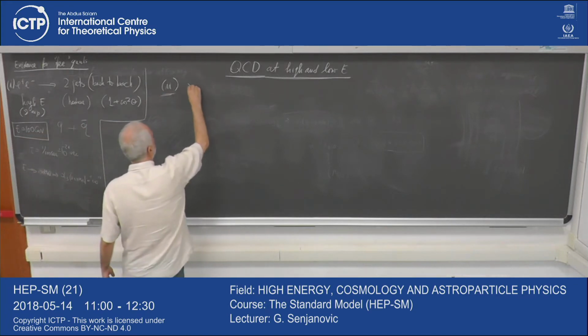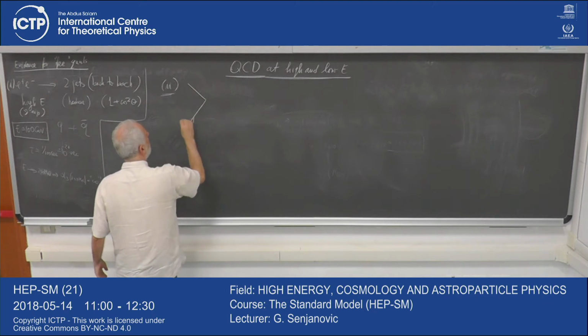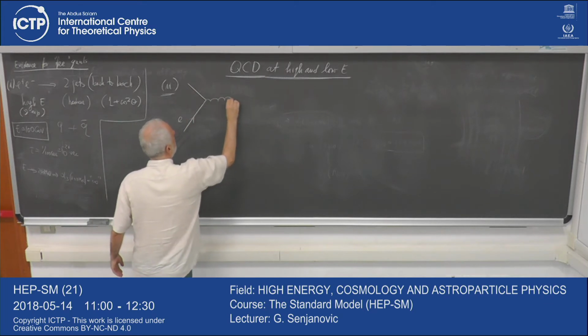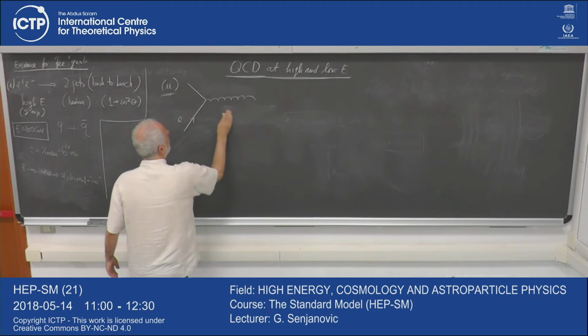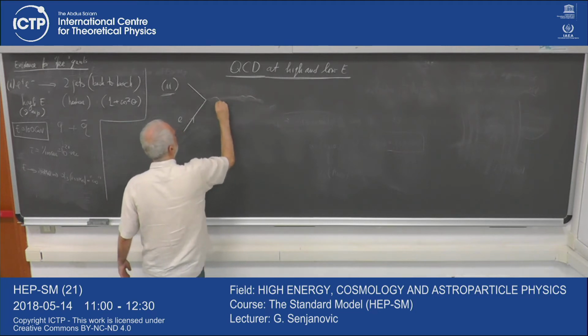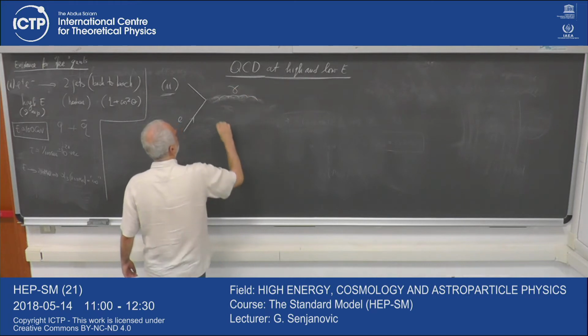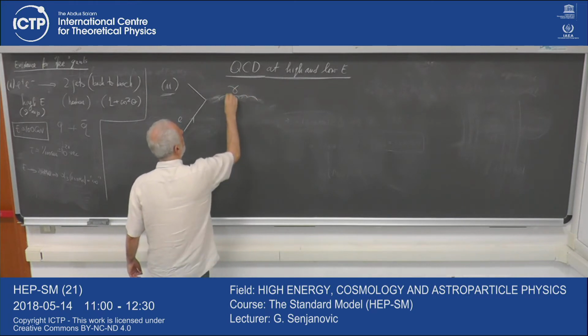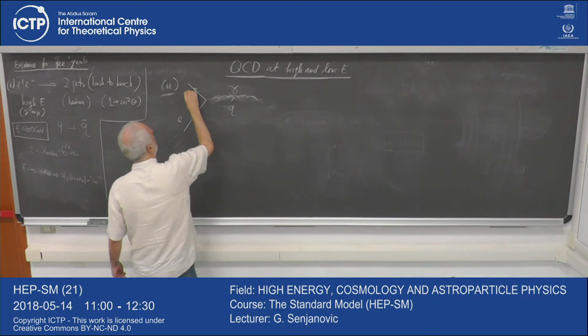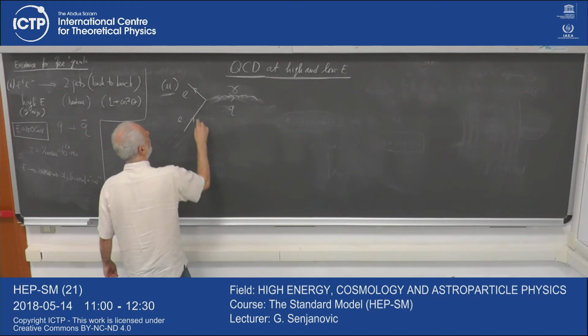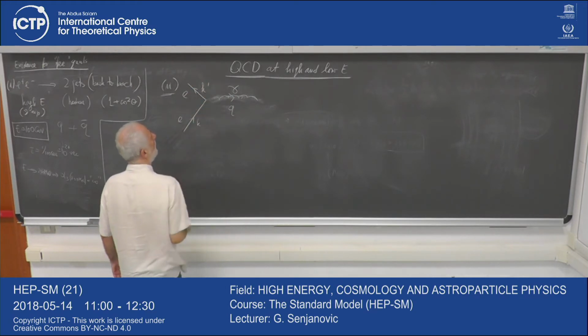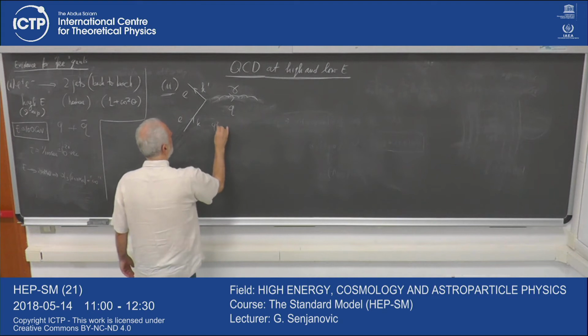So what you do, in other words, let's imagine an electron coming in, emitting a photon, gamma, we exchange with momentum q. I have an electron, let's say that this momentum was k, this was k prime. Then what is q?